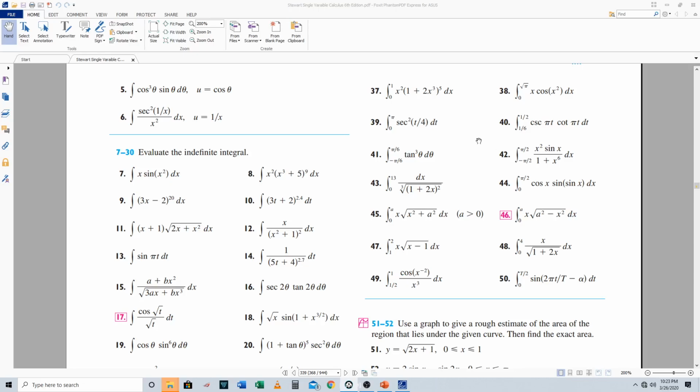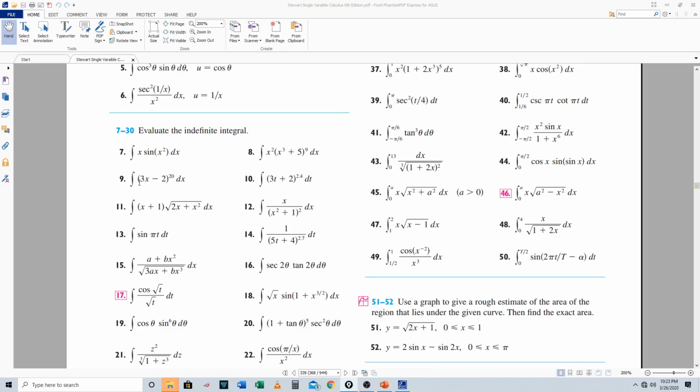All right, so that's gonna be it for tonight. I'm getting kind of tired, so if you have any questions on homework, I'll just tell you what it is. I'm just gonna have you guys do like every other odd. So let's say we start with number 7 here. Let me write this down as I say it.